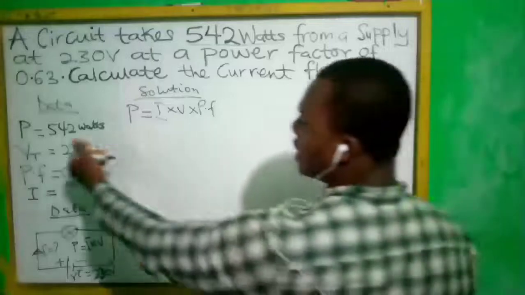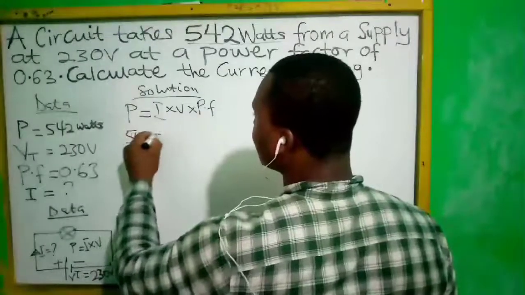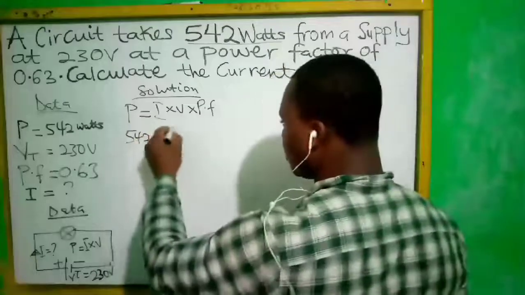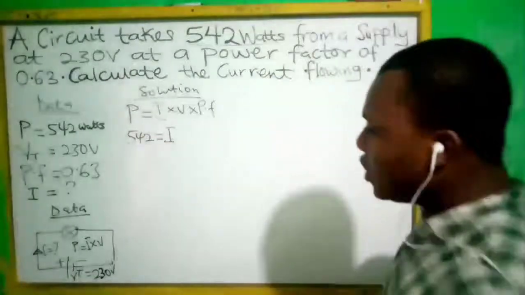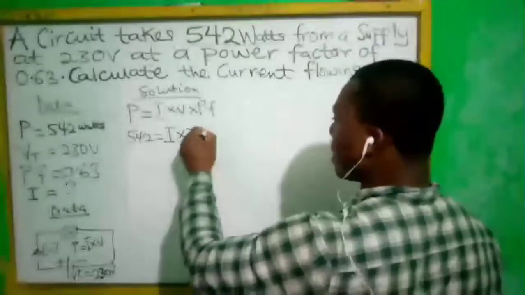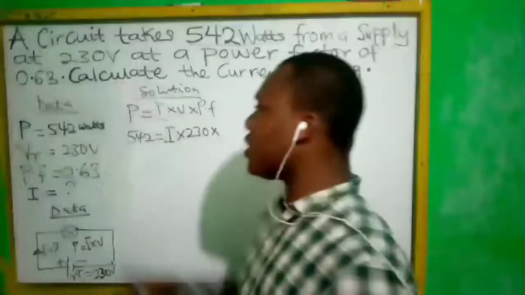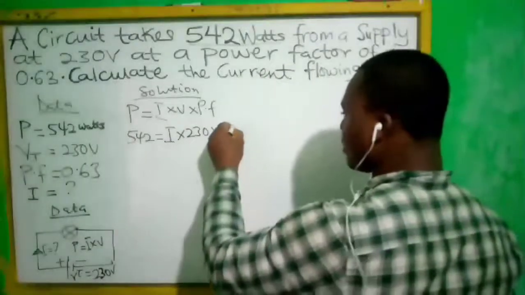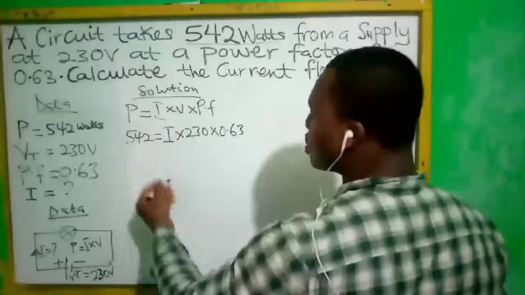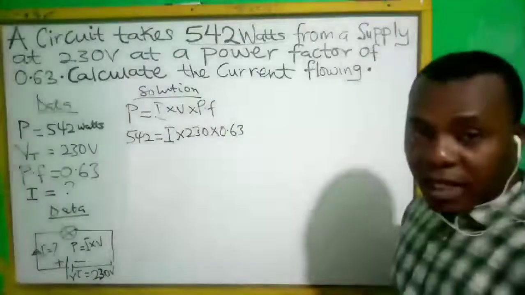We know the power here as 542. We don't know the current, so we bring the I. We know the voltage as 230, so we bring 230. And then we know the power factor as 0.63. So 0.63.